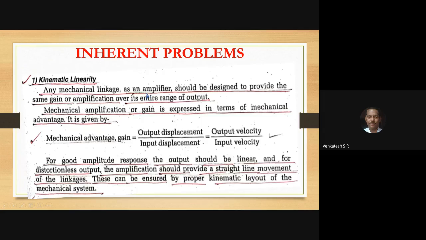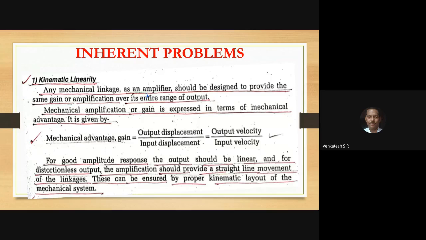See, in the mechanical system, a lot of problems arise in the intermediate modifying system. One is kinematic linearity. Kinematic linearity is nothing but the mechanical advantage or mechanical gain.